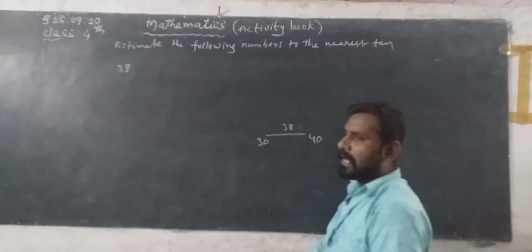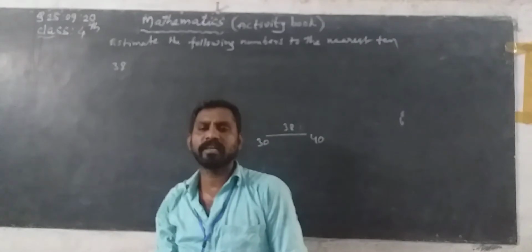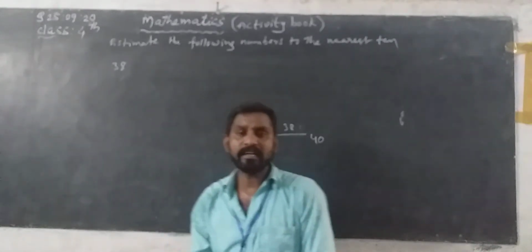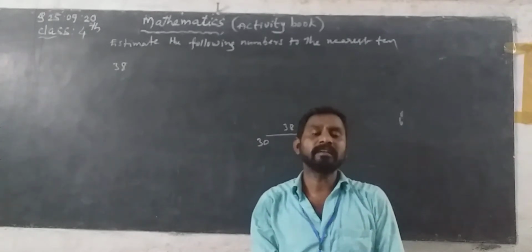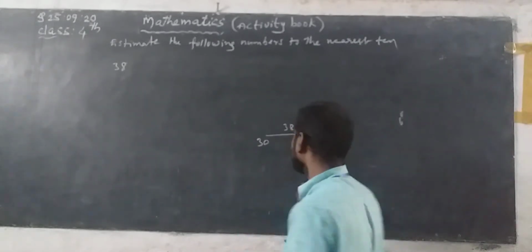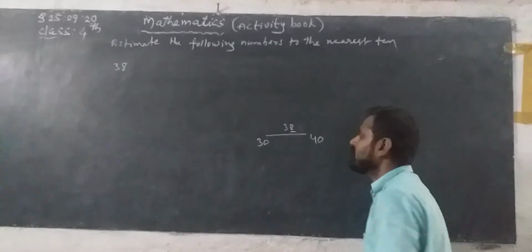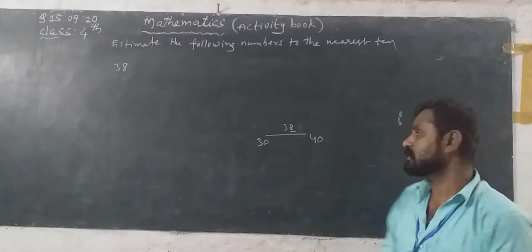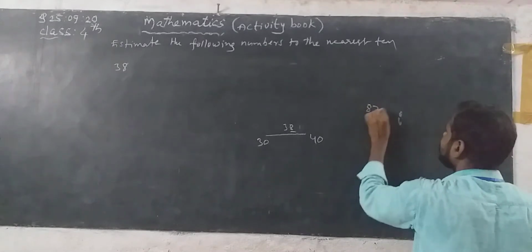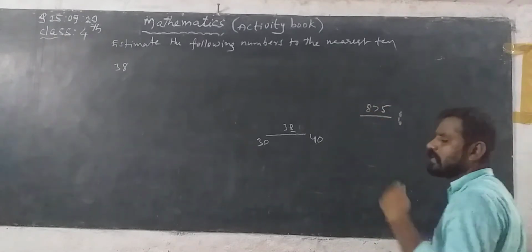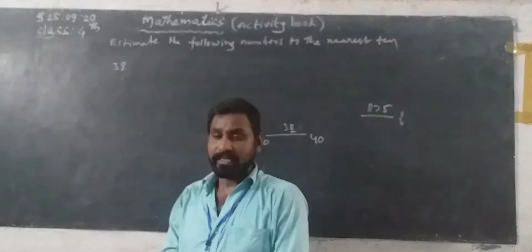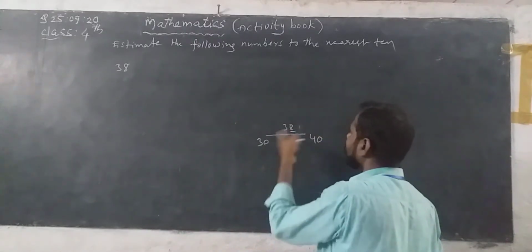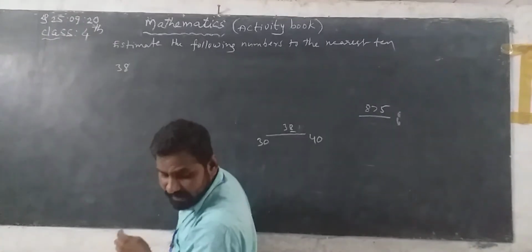While you are rounding the given number to the nearest tens, you look at the digit in the ones place and compare it with 5: equal to 5, greater than 5, or less than 5. So 8 is greater than 5. Then we have to take the next tens. Next tens means 38 is rounded off to 40. Then you can write here 40.